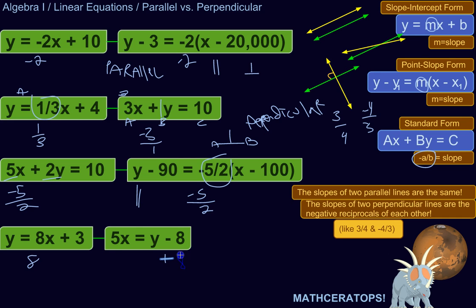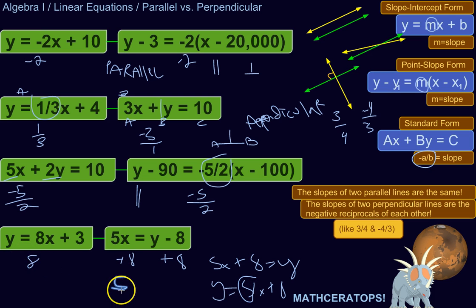We'll get y by itself on one side. So add this 8 to get it over on the other side. We've got 5x plus 8 equals y. Now I can just swing that around: y equals 5x plus 8. That's in slope-intercept form now, so this represents my slope. My slope is 5.